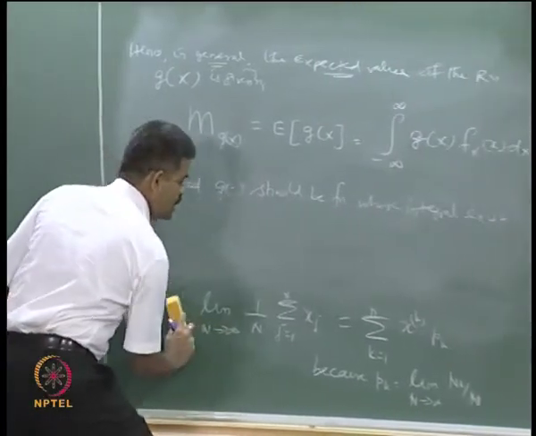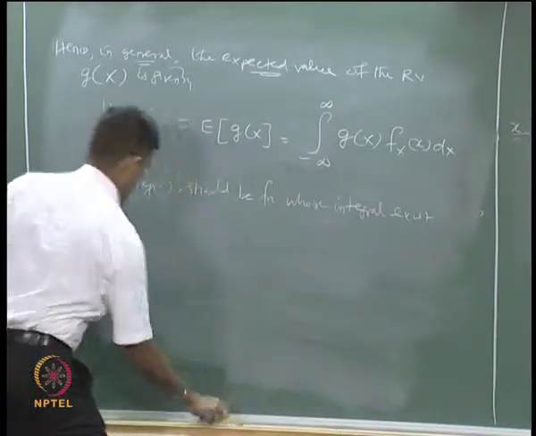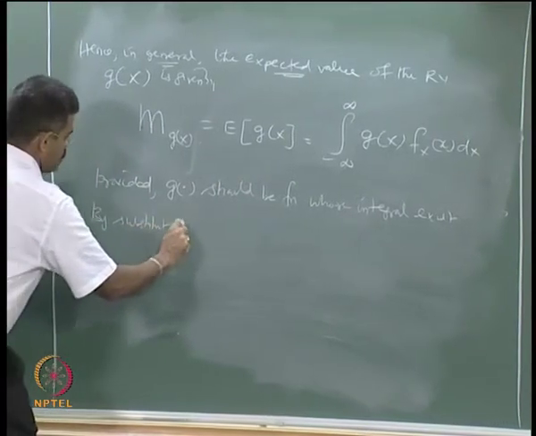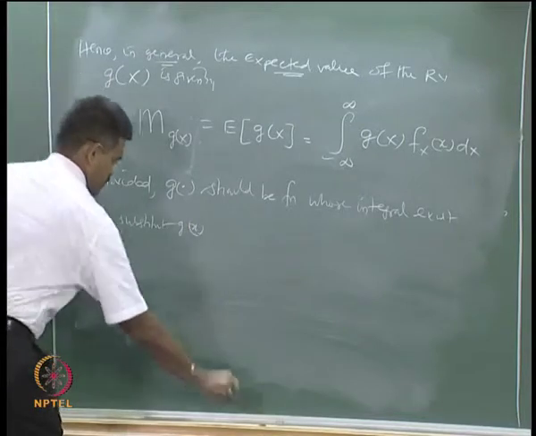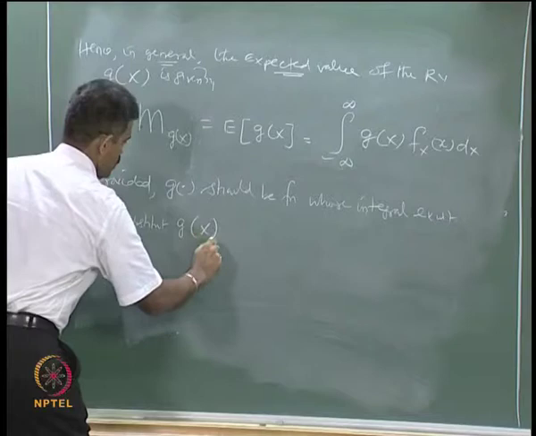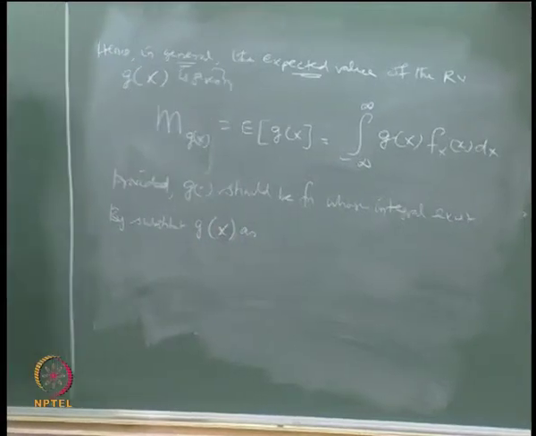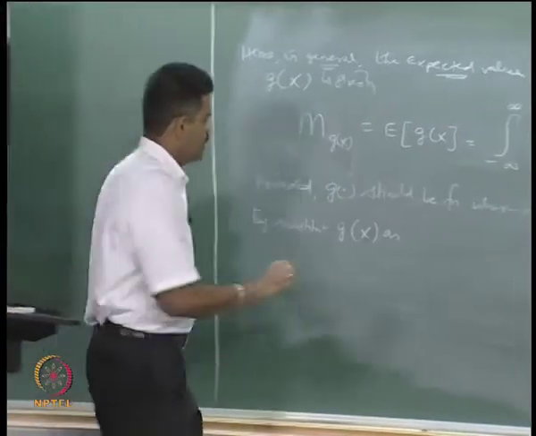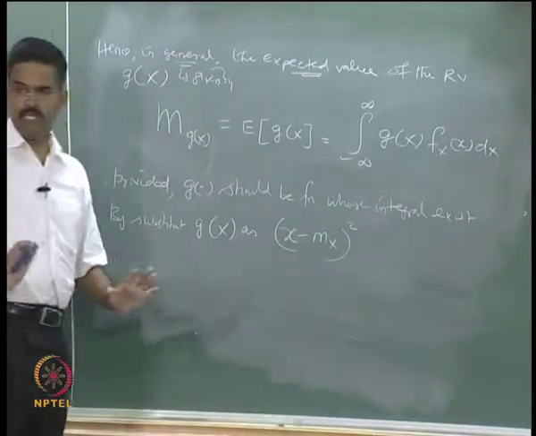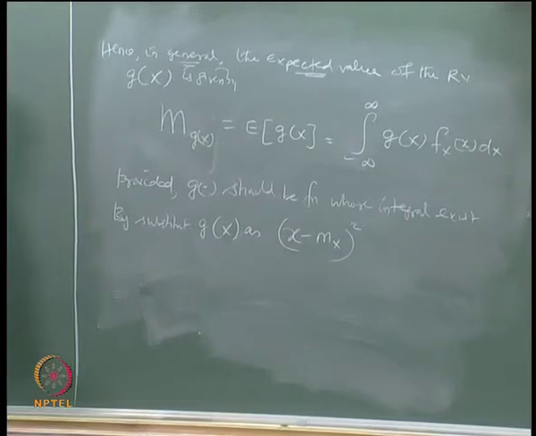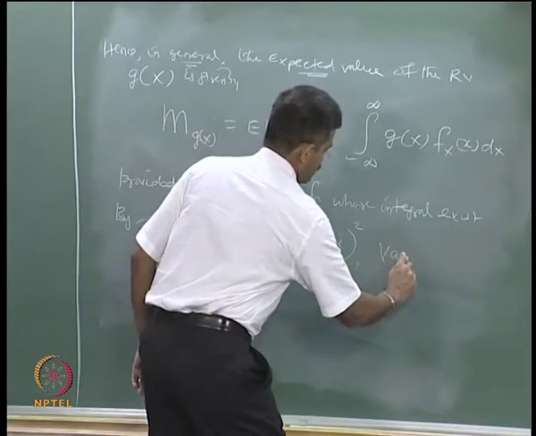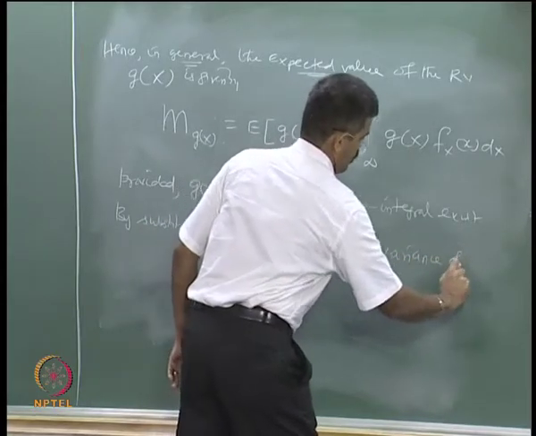Now by substituting g of x as x minus mx the whole square, which can be any function which you must integrate, I can find the variance of x.